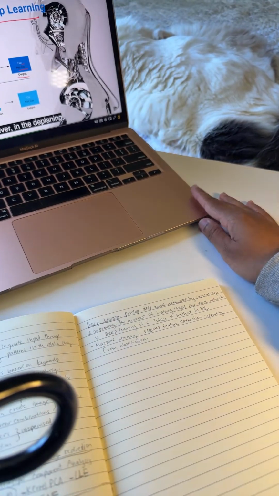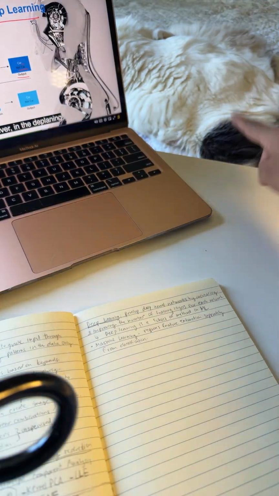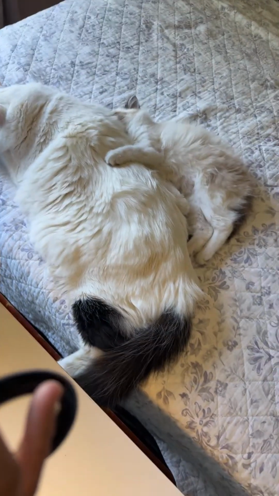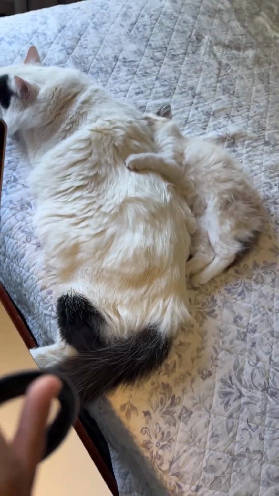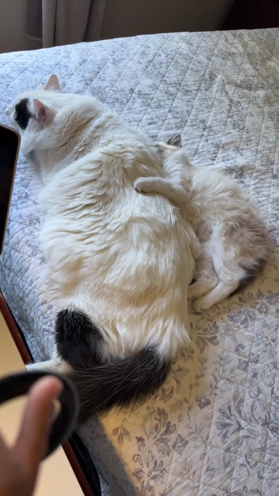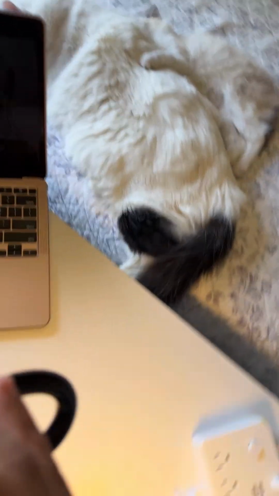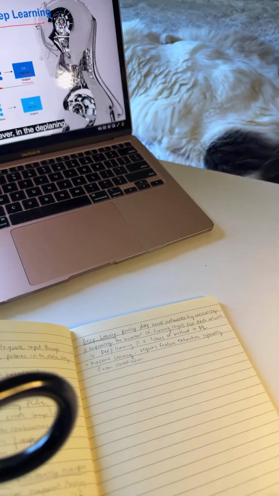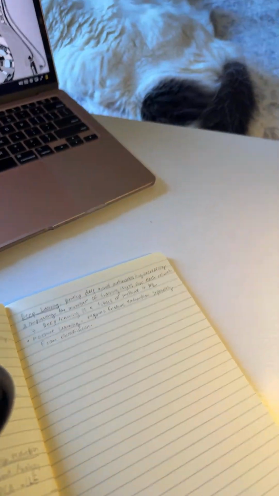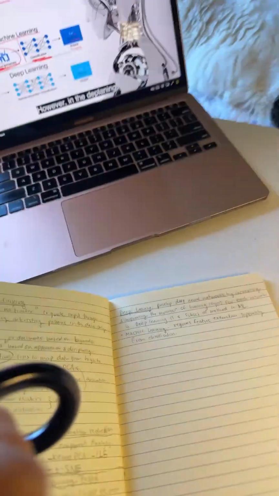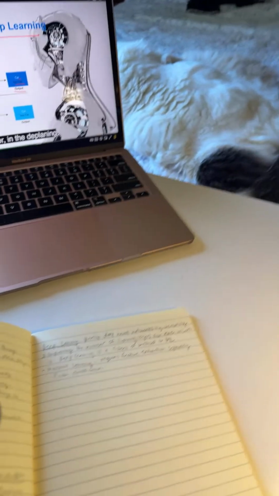They have that. Look at her. She's hugging him. What in the world? Argentina versus Chile. That is so cute.